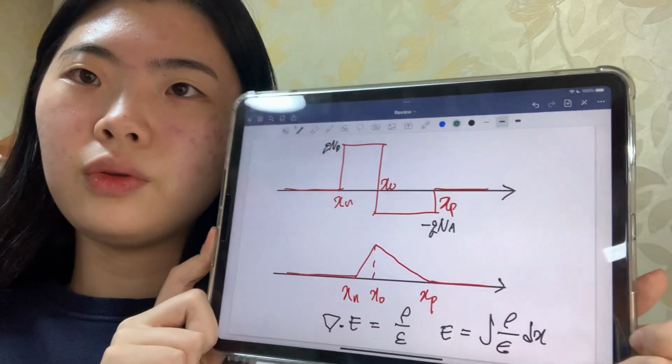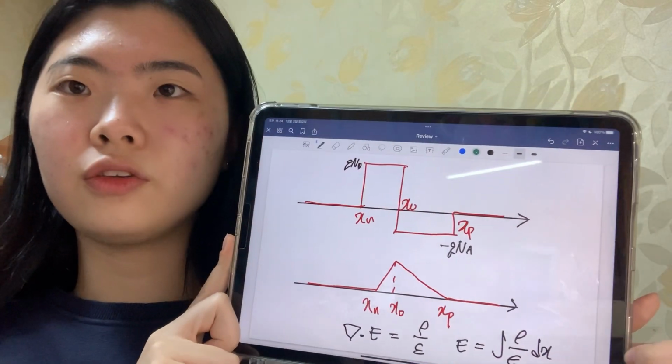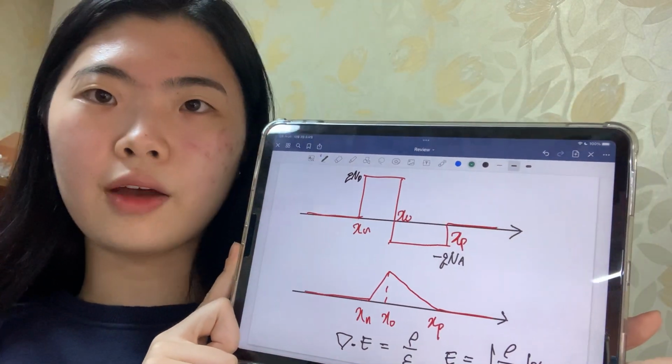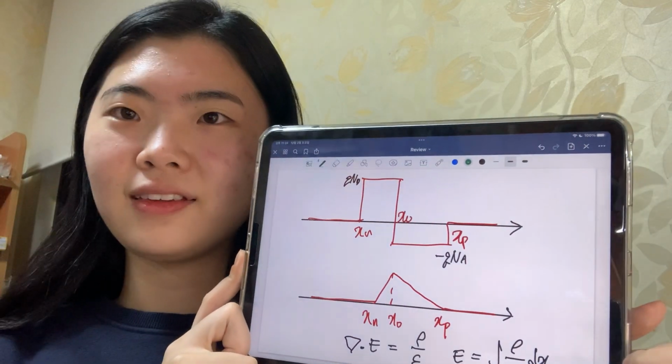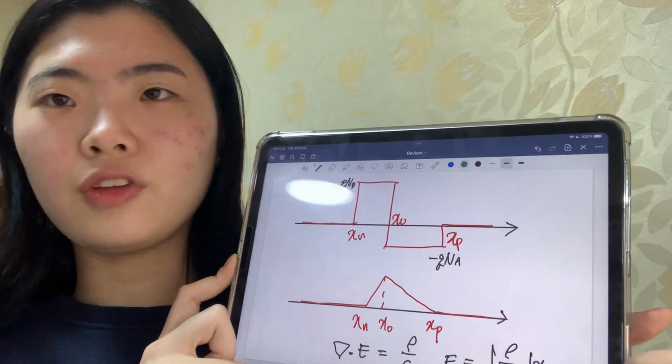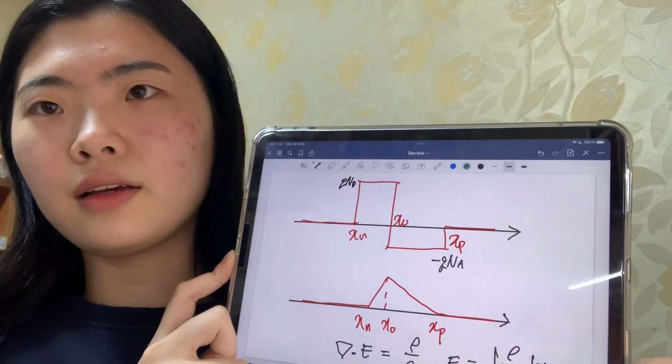Based on that semiconductor, we can draw four graphs. First, we can draw a charge density graph. It looks like a step function.